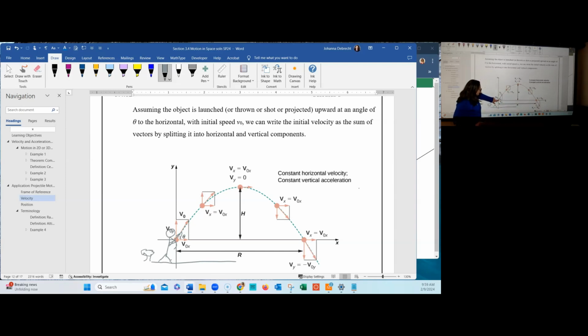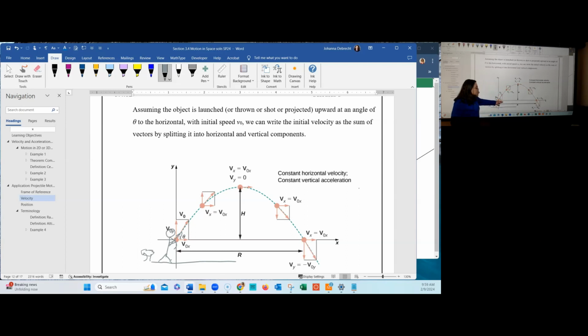By setting the origin here, we can say that the initial height, of course, is 0, but it does have an initial velocity, and the velocity is applied at an angle. You can see the velocity vector here as the diagonal of the parallelogram.